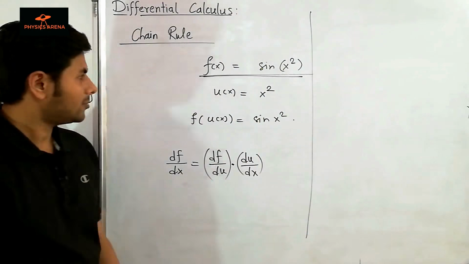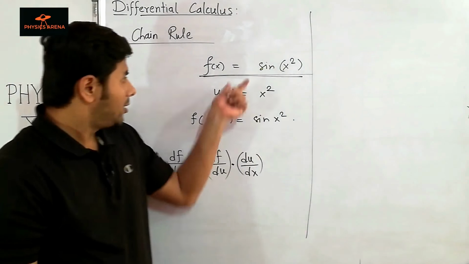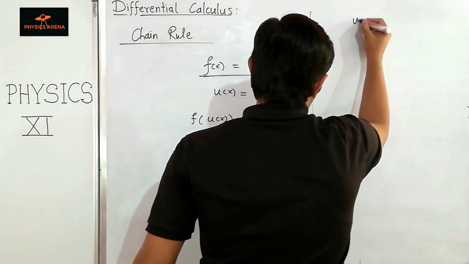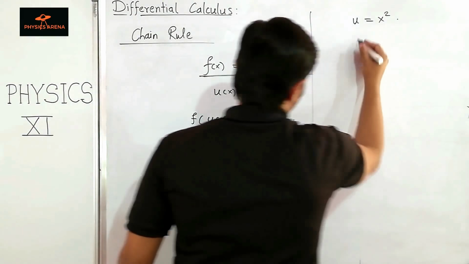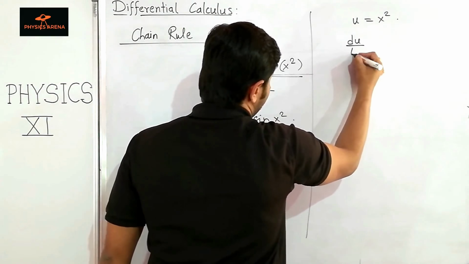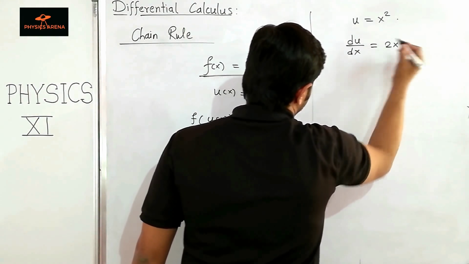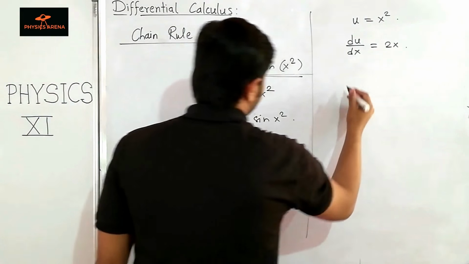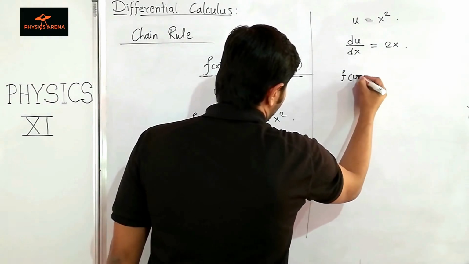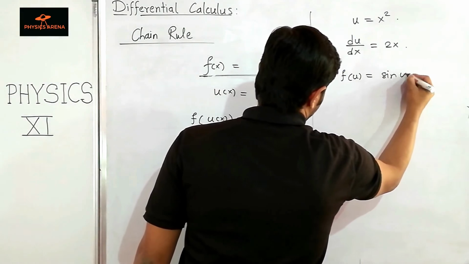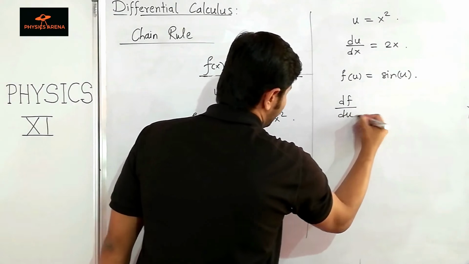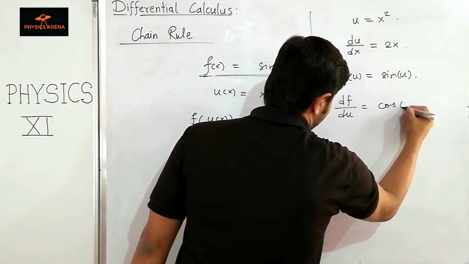Our u is x square. What will be du by dx? du by dx is equal to 2x. So this is just f of u. I can write f of u is equal to sine u. So df by du equals just cosine of u.